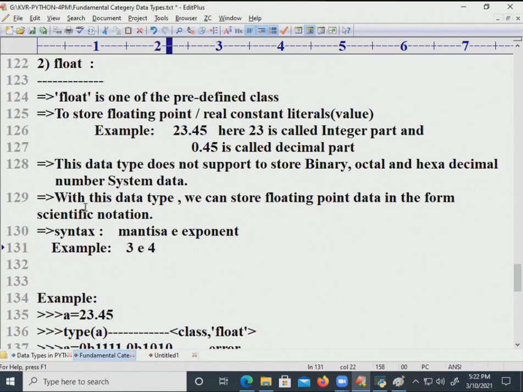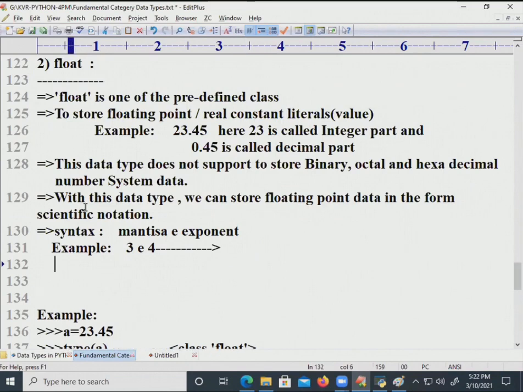3E4. Immediately you do the calculation there. You do one thing. 3E minus 1. Do the calculation immediately, which I showed you on the main screen. How do you do 3 into 10 to the power of 4?